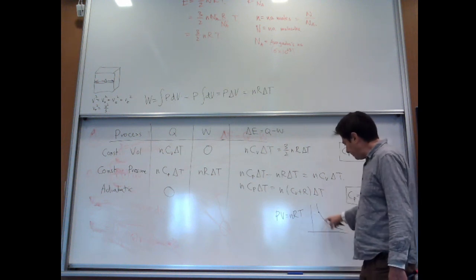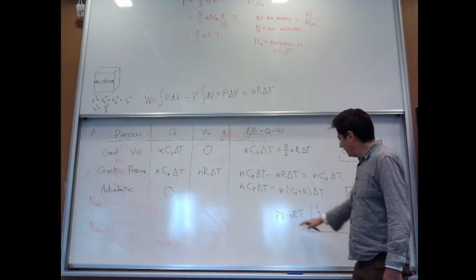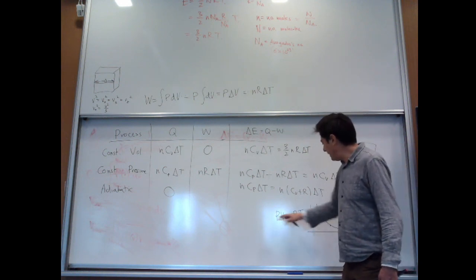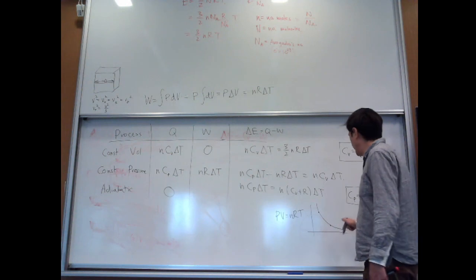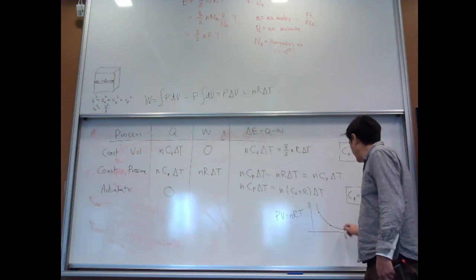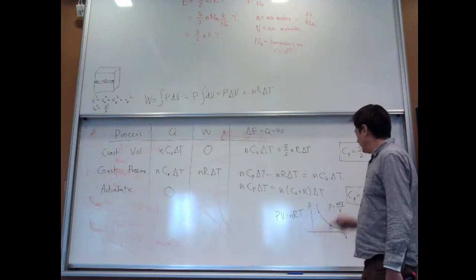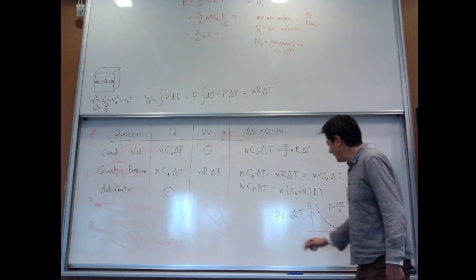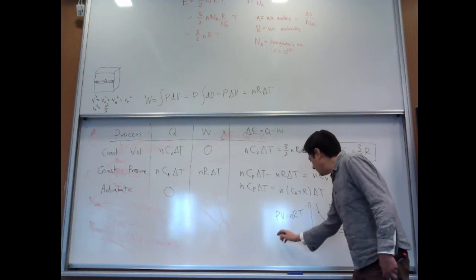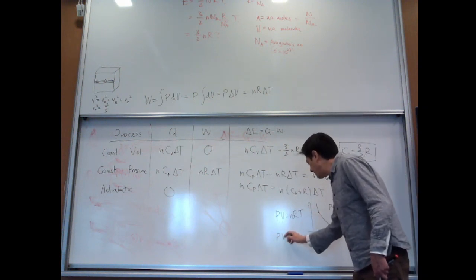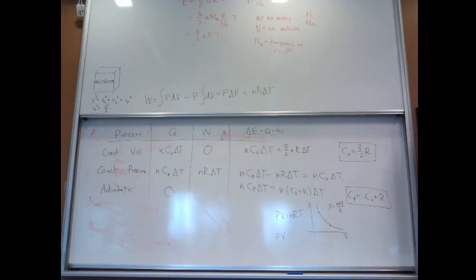So PV is a constant along this line, and hence in a PV diagram, P is equal to nRT over V.